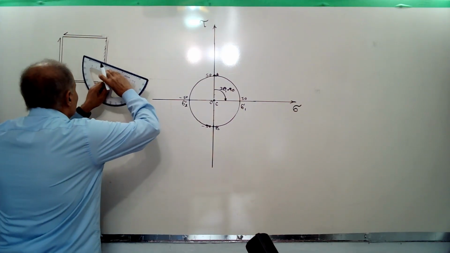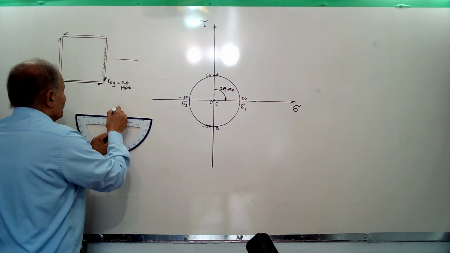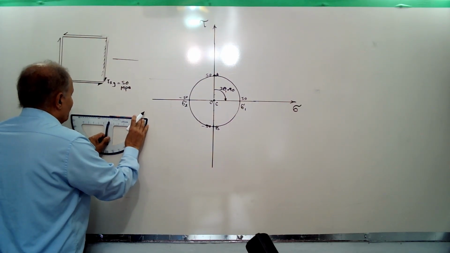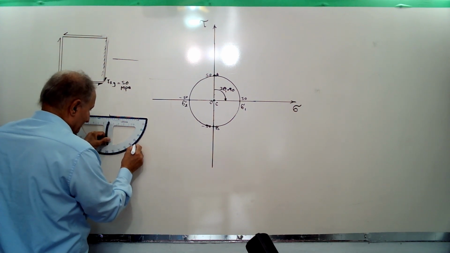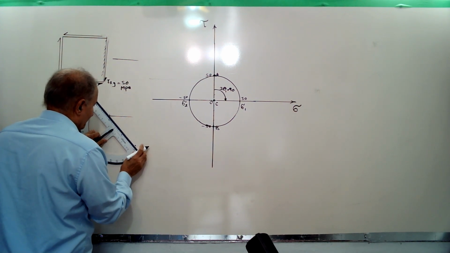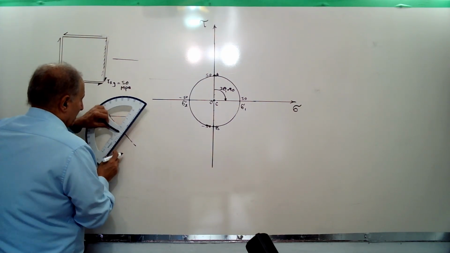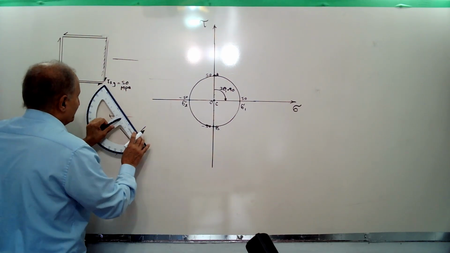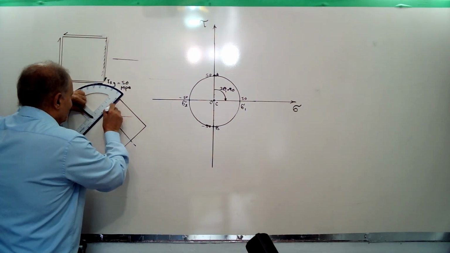It means that from the previous direction, I must move 45 degrees, half of the Mohr circle angle. That's surface A after rotation by 45 degrees.